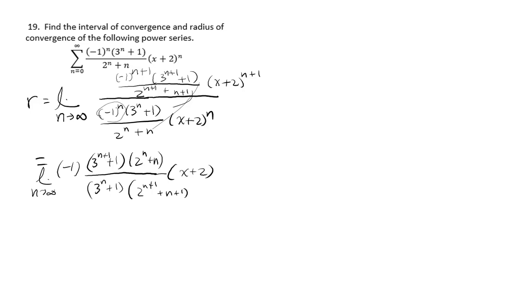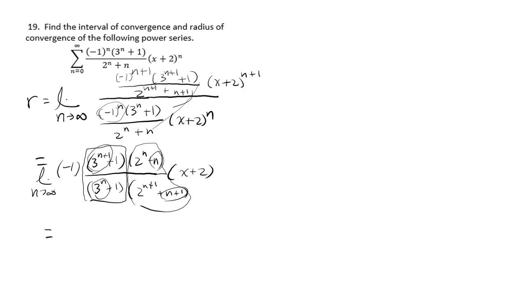You can even say already right here that since 3 to the n plus 1 is dominating 1, it's just 3 to the n versus 3 to the n plus 1, because plus 1 doesn't do anything. And same thing over here, this is 2 to the n versus 2 to the n plus 1, because these are being dominated by these other terms.